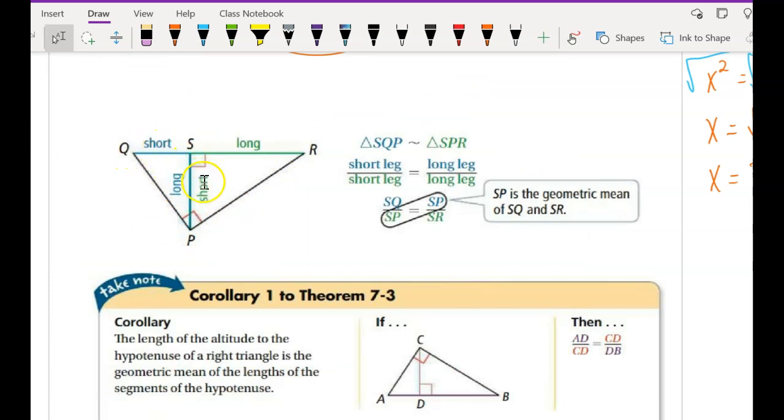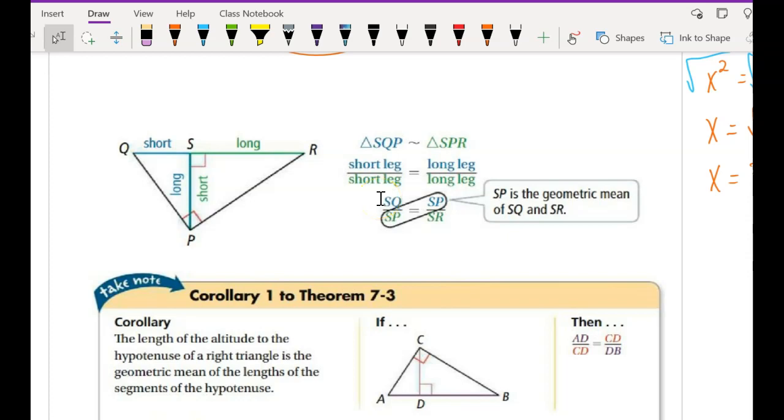Okay, so this is just to help you see how things are related. They are saying that triangle SQP is similar to triangle SPR. So we're going to put short leg over short leg, long leg over long leg, just so that you can see the relationship.